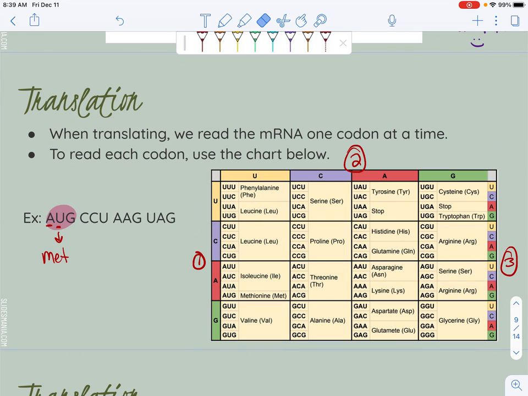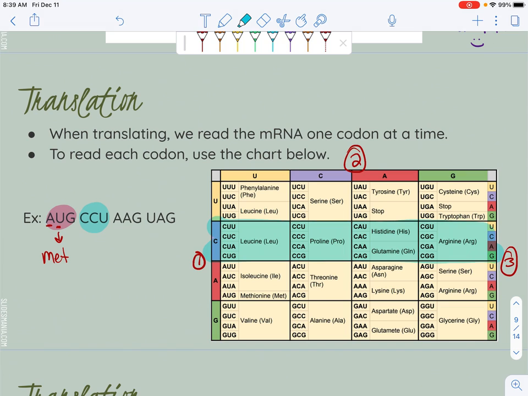Let me talk you through that again now. So, my next codon, CCU. I want to find out what CCU codes for. So the first letter is C. That tells me that I will be in the row labeled C. And it is very important you go in the correct order here, row then column.